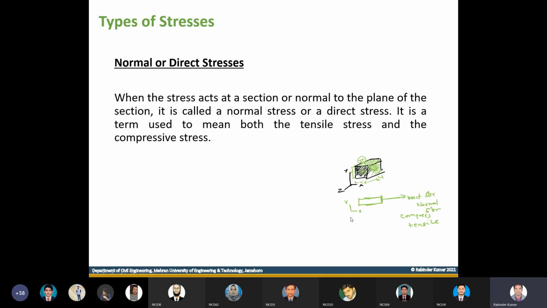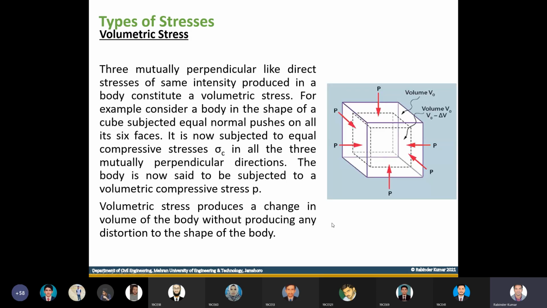So now volumetric stress. Who will define the volumetric stresses for me? Sir, stress developed due to three mutually perpendicular forces is called volumetric stress.